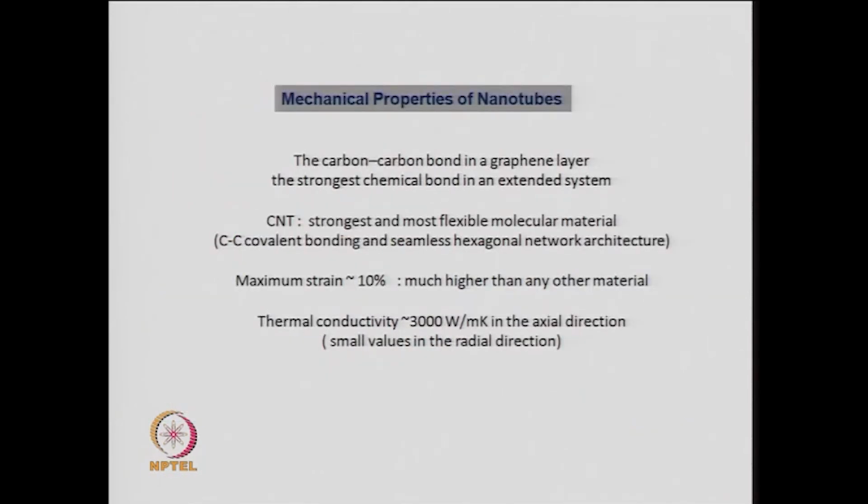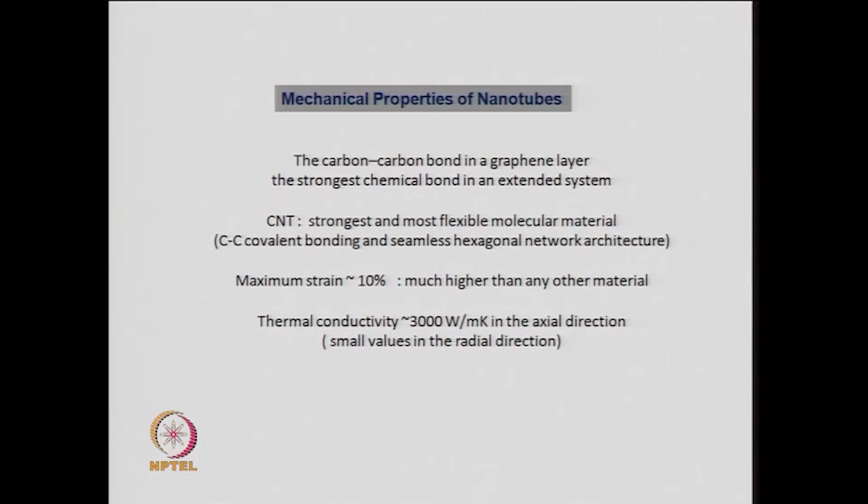Now, from electronic properties, if we look at the mechanical properties of carbon nanotubes, they are also excellent. In the graphene layer you have carbon carbon bonds forming 6 membered rings, and these 6 membered rings are connected to other 6 membered rings, and it forms a layer or an extended system.